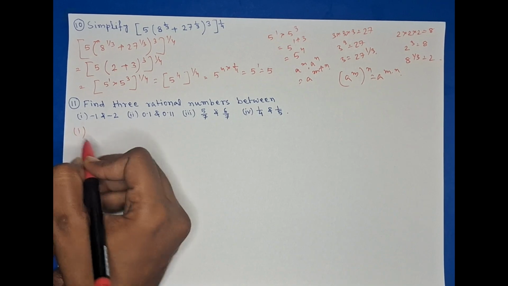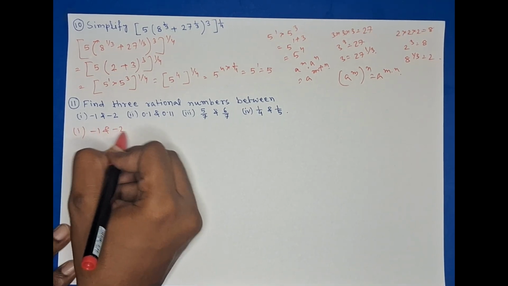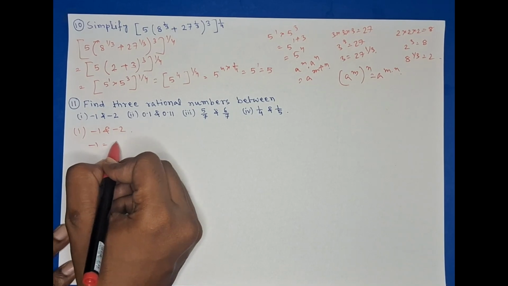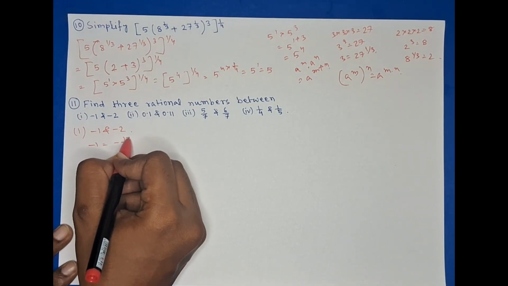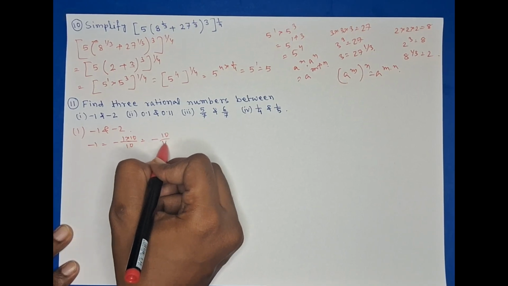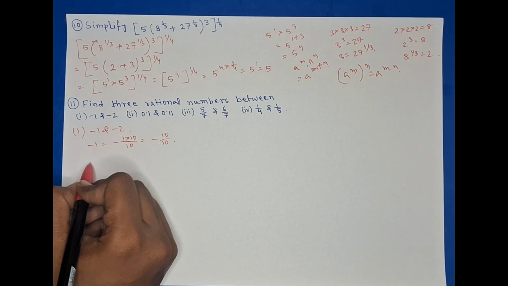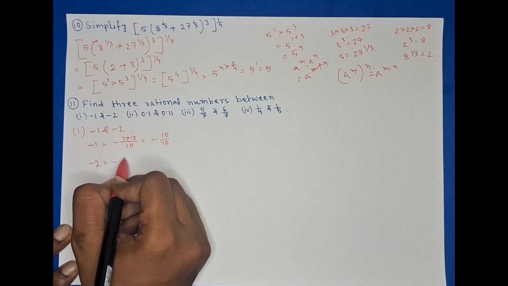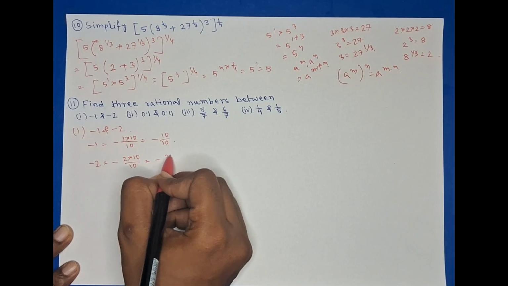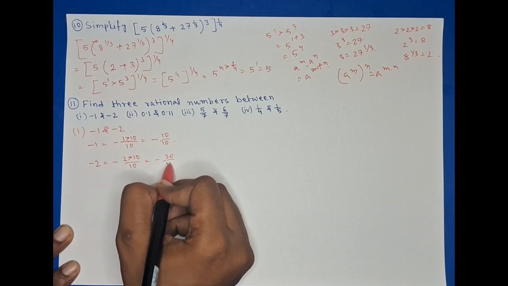Let us take case 1, -1 and -2. Can we write -1 as -1 into 10 by 10? That is equal to -10 by 10, and -2 is equal to -2 into 10 by 10, that is equal to -20 by 10.